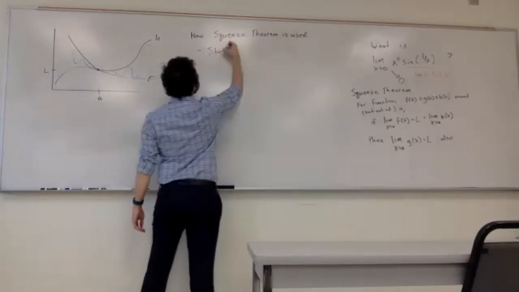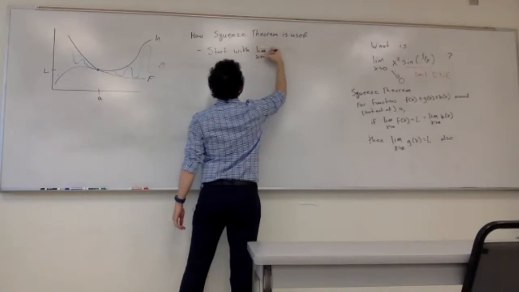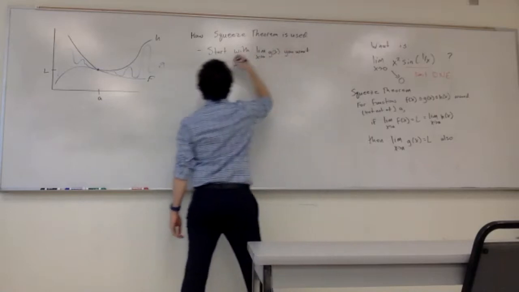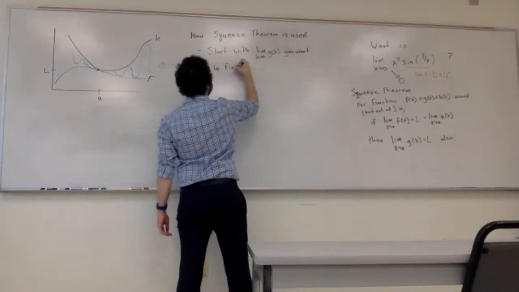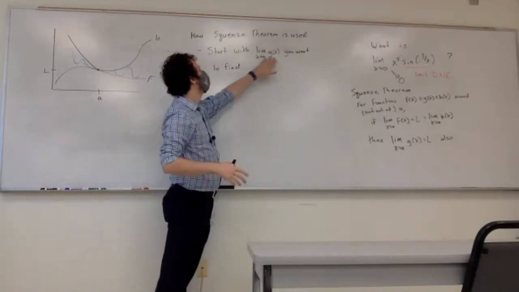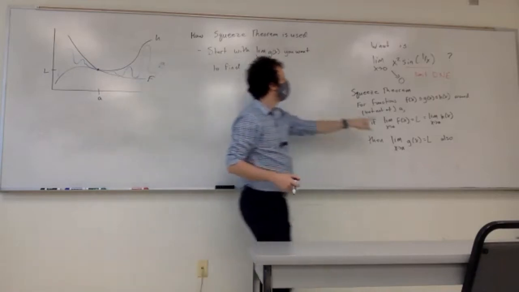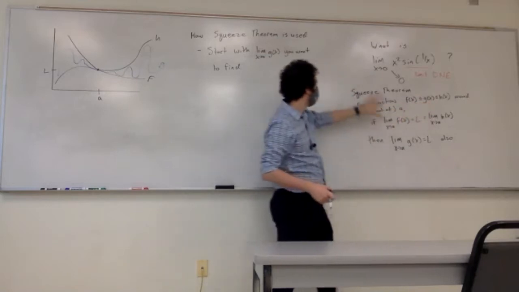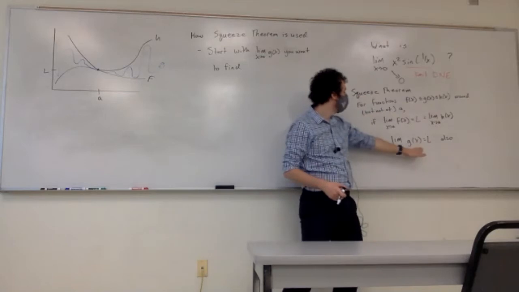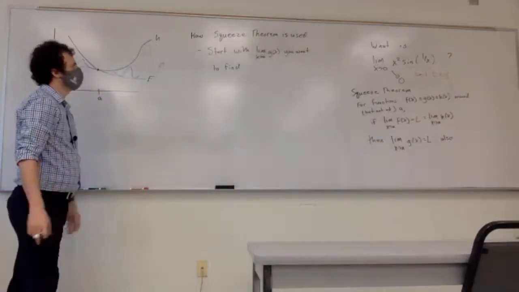The first part is you start with the limit as x goes to a of g of x that you want to find. I'm using this notation purposefully. There's a limit you want to find, and you're going to think of that function as the middle function here, because the way this is set up is you check some things and then you get to conclude the limit of g.